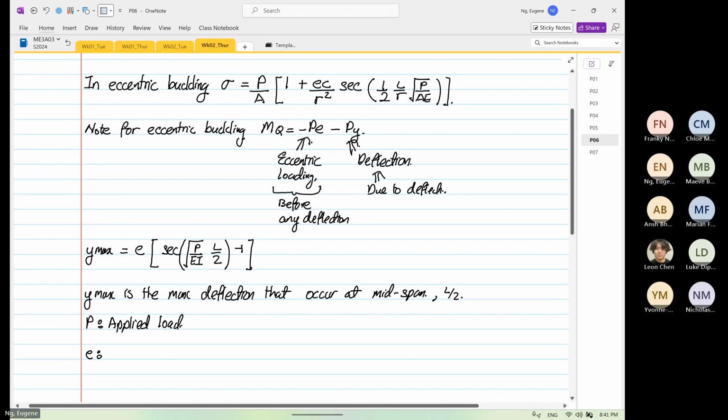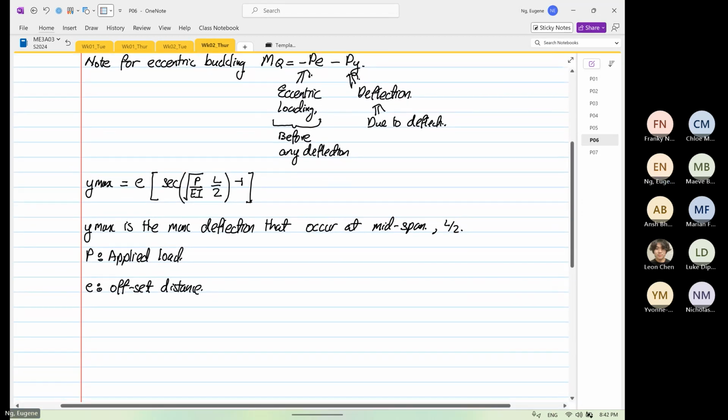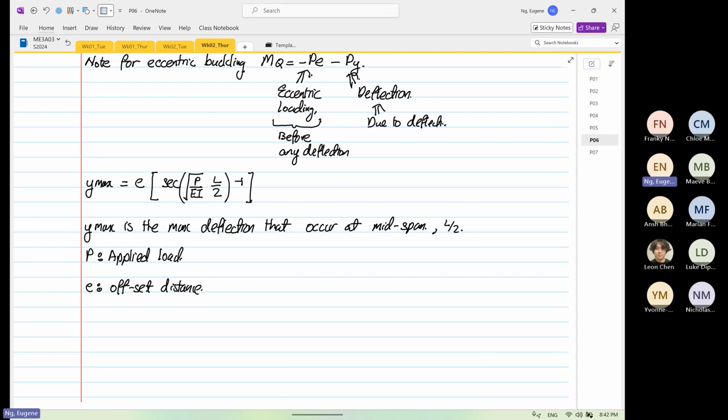E is what we call our offset distance. C is what we define as the point of interest, the distance of interest relative to the centroid.